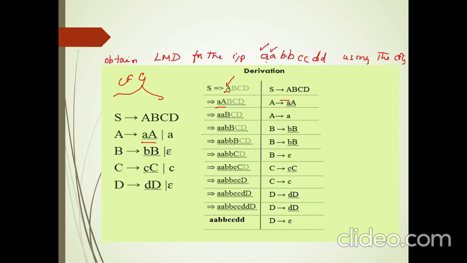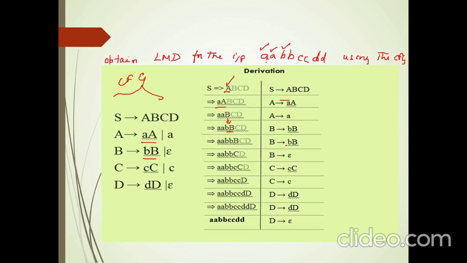Next I want B. As I told earlier, I want two B's, so either I can choose this or this. But since I want B's, this is the right option. So B is substituted by the production BB. Now again I want one more B. I already got 3 B's, so I apply the right production of B, that is BB.